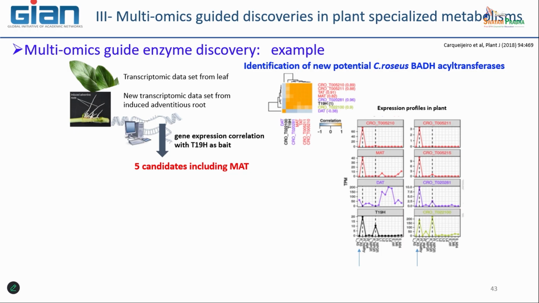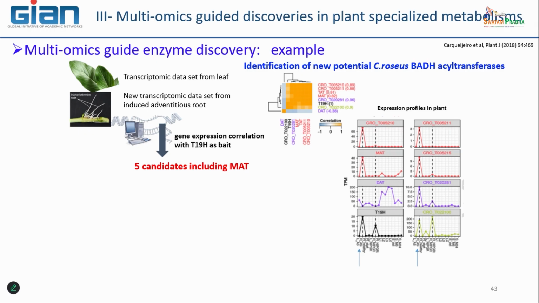We tested different parts of the plant. You can see here flower, stem, leaf, and roots. I have indicated 2 roots here. What you can see is that effectively this bait gene is expressed in roots, but also MAT, which was the second one we found, so that is okay.